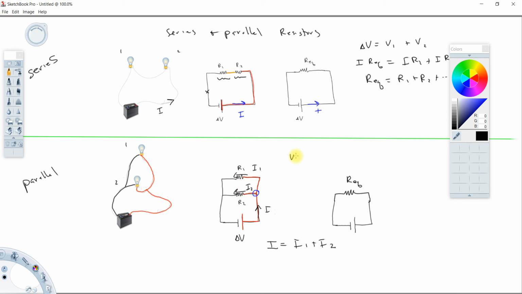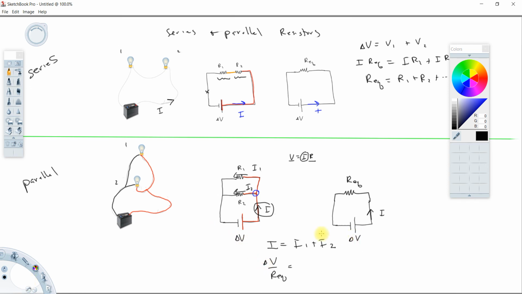And remember Ohm's law: voltage equals current times resistance. So current can be expressed as voltage over resistance. So the current, this one, which in this picture is here, can be expressed as the voltage divided by R equivalent, because here's our voltage, and this should be a delta V. That's how it's labeled right here.